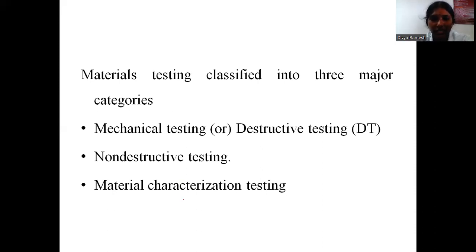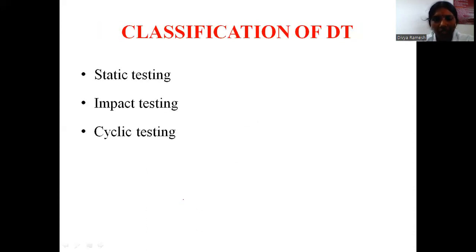Material characterization testing is, as I said earlier, done by enlarging images obtained with the help of macroscopes and microscopes, and various spectroscopic and diffraction techniques. N number of techniques are used for material characterization testing. Further, the classification of destructive testing includes static, impact, and cyclic.